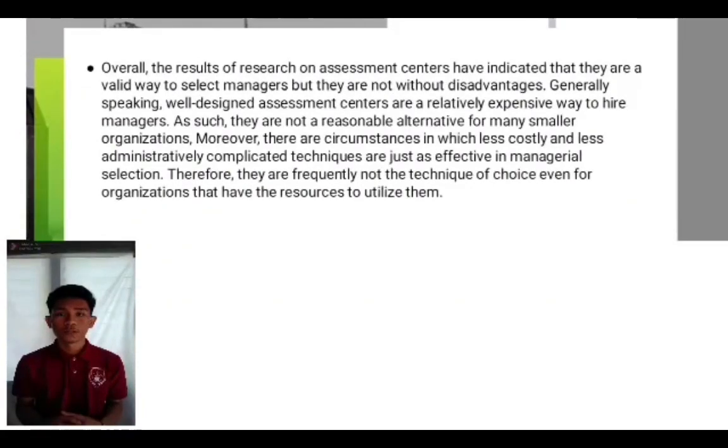Moreover, there are circumstances in which less costly and less administratively complicated techniques are just as effective in managerial selection. Therefore, they are frequently not the technique of choice, even for organizations that have the resources to utilize them.